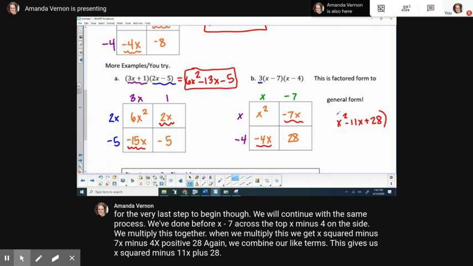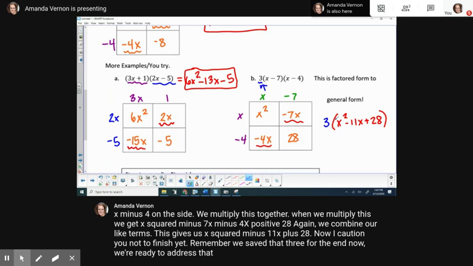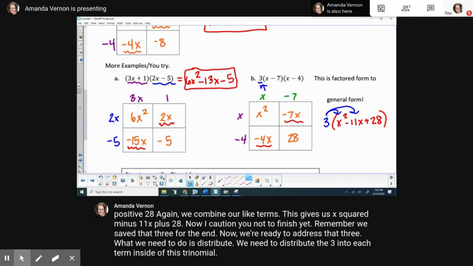Now, I caution you not to finish yet. Remember, we saved that 3 for the end. Now we're ready to address that 3. What we need to do is distribute. We need to distribute the 3 into each term inside of this trinomial. So distributing means multiply each number by 3.